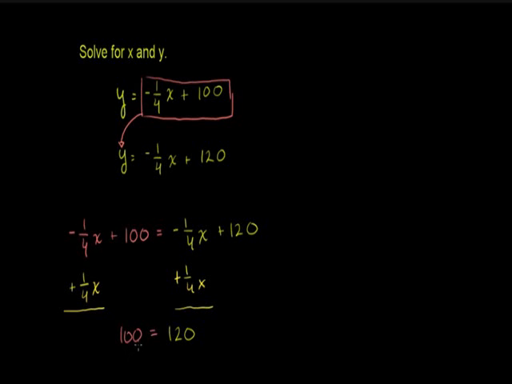As it is impossible that 100 is equal to 120, the result of these equations is not possible, and there is no value of x or y that can satisfy both equations at a time. So we have analyzed this type of linear equations, that they have no solution, and why they have no solution.